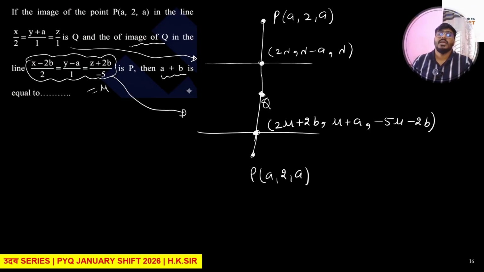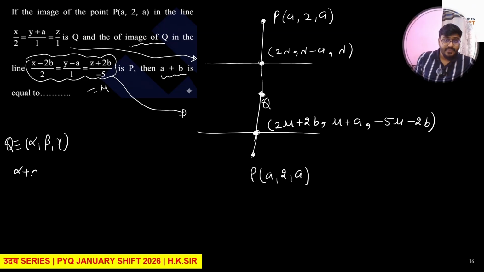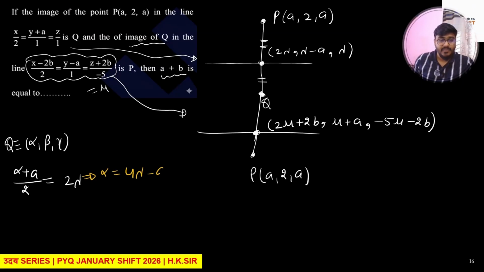Now this is point Q, so we can find the coordinates of point Q. Let's suppose Q is alpha comma beta comma gamma. So alpha plus a divided by 2 equal to 2 lambda, because this distance is equal to this distance. So from here we can say alpha equal to 4 lambda minus a.